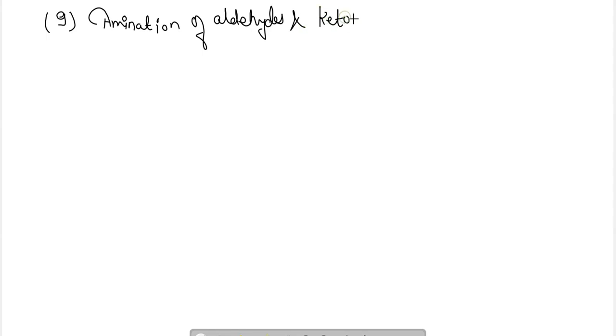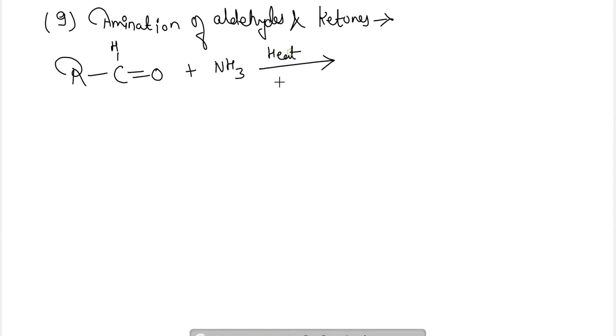Aldehydes and ketones. Here reduction and amination of the aldehydes and ketones will be carried out. When aldehydes undergo amination in the presence of heat, the removal of water takes place and an imine will be formed.